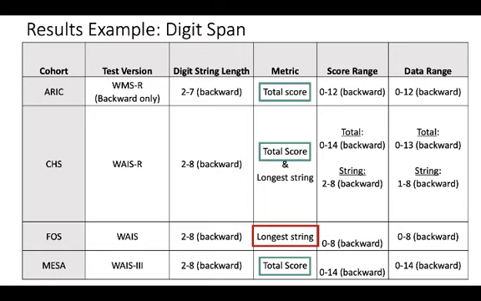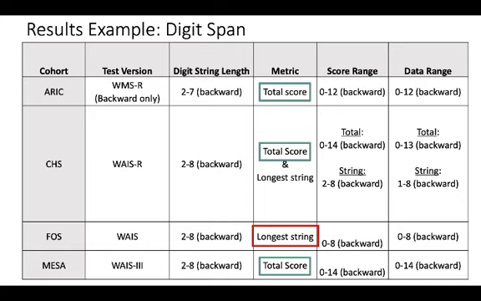And so, given that difference in structure, there are differences in the potential maximum score that they can achieve. We also looked at the scores that were available across each cohort. We had the total score for 3 of the 4 cohorts, but for the FOS study, we only had access to the maximum string of digits that they remembered. And so, of course, that's going to have a big impact on the meaning of the score.